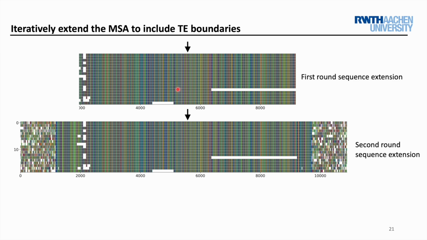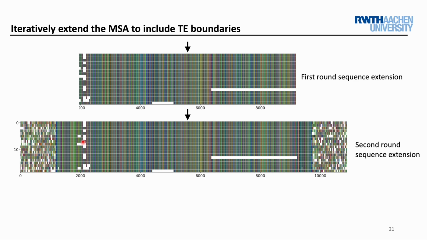If you have to extend more than 5 rounds, this will take so long. And the second limitation is, for example, in the first extension, because TEs are fragmented sequences, after the first round of extension, some of the sequences will probably not be required for the second round of sequence extension.